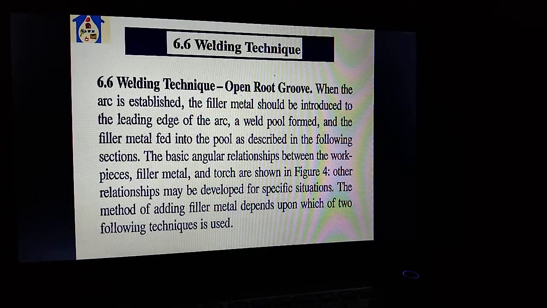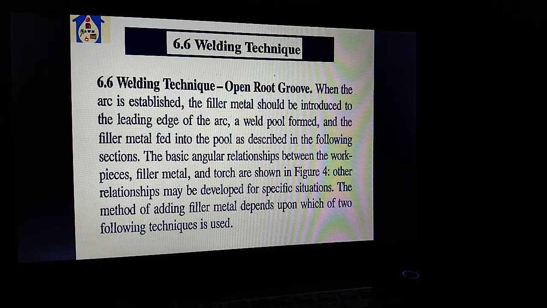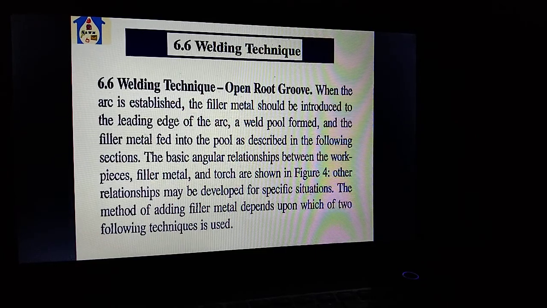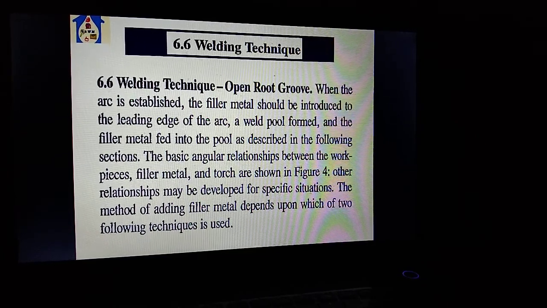Open root groove. When the arc is established, the filler metal should be introduced to the leading edge of the arc. A weld pool is formed and the filler metal is fed into the pool, as described in the filling function.